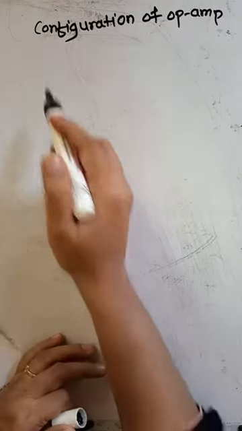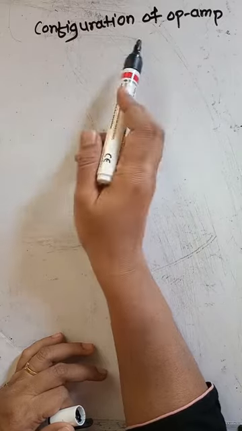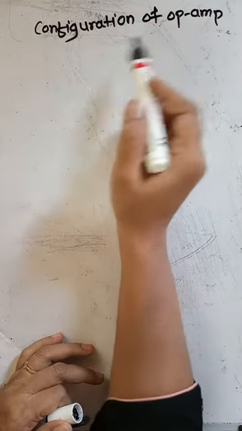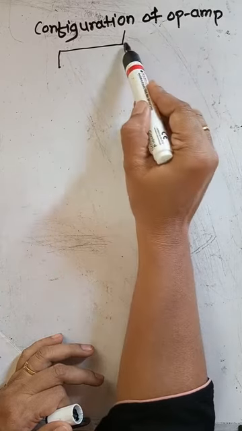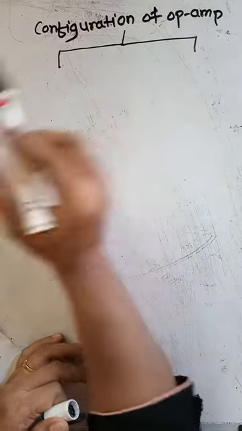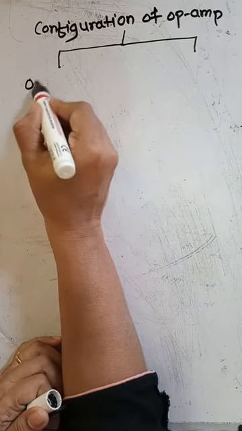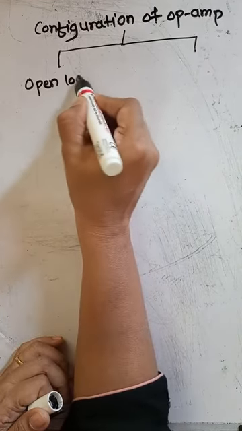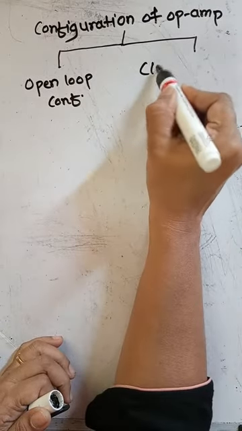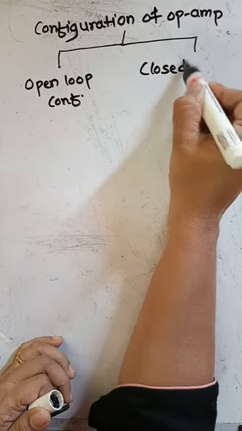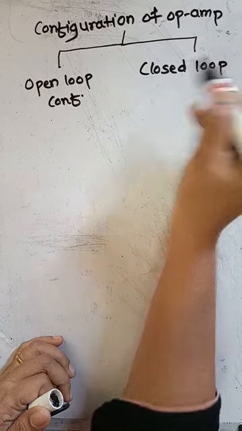Now we will discuss the configuration of op-amp. Configuration is nothing but the two ways we can connect the op-amp in the circuit. Either we can use the open loop configuration, or the closed loop configuration.